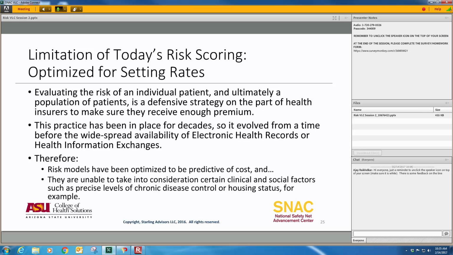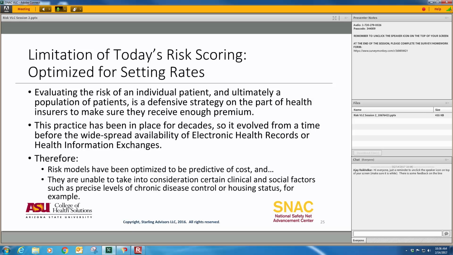This practice of risk adjustment has been in place for decades, and it's evolved from a time before the widespread availability of electronic health records or health information exchanges. And whenever something is done on the health plan side, it's almost always done, if not exclusively, then almost exclusively with paid claims data. And that can be very problematic because that may not be the most indicative of the actual health status of the patient.